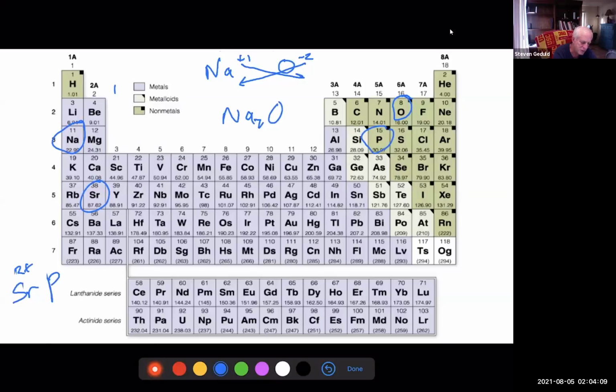And phosphorus is a -3, minus. Perfect, 3 minus. So crisscross it. Sr3P2. Strontium phosphide. If Sr is +2, 3 times, that's +6. Phosphorus -3, 2 times, that's -6.